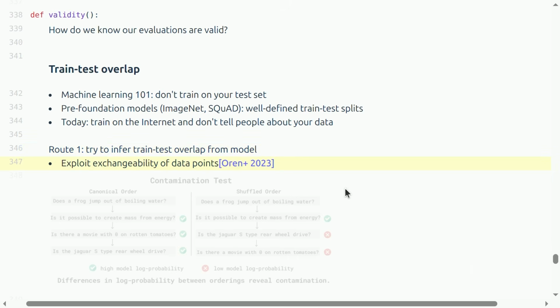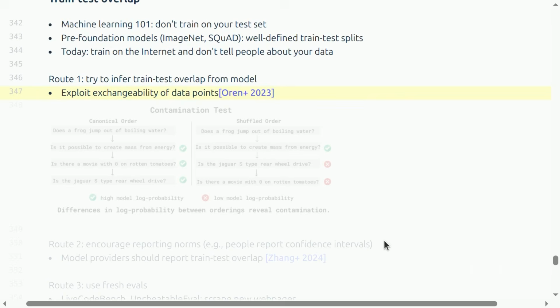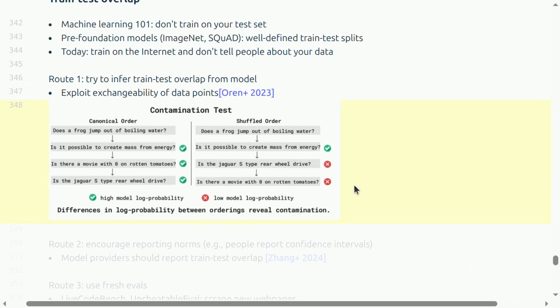This is a neat idea from Tatsu's group where you leverage the fact that the order in which the questions in the benchmark occur should be random. But if the model prefers some particular order that's consistent with the benchmark, then it's probably been trained on that benchmark.